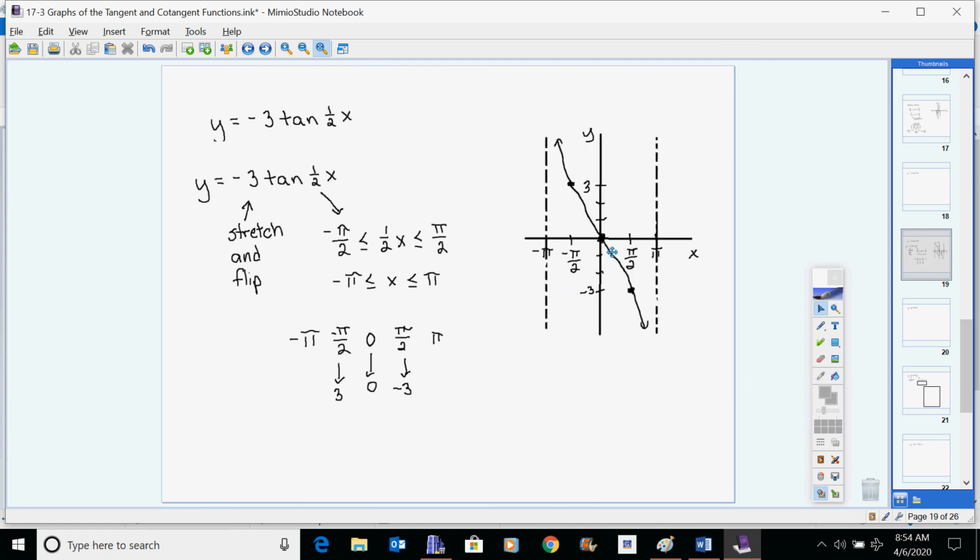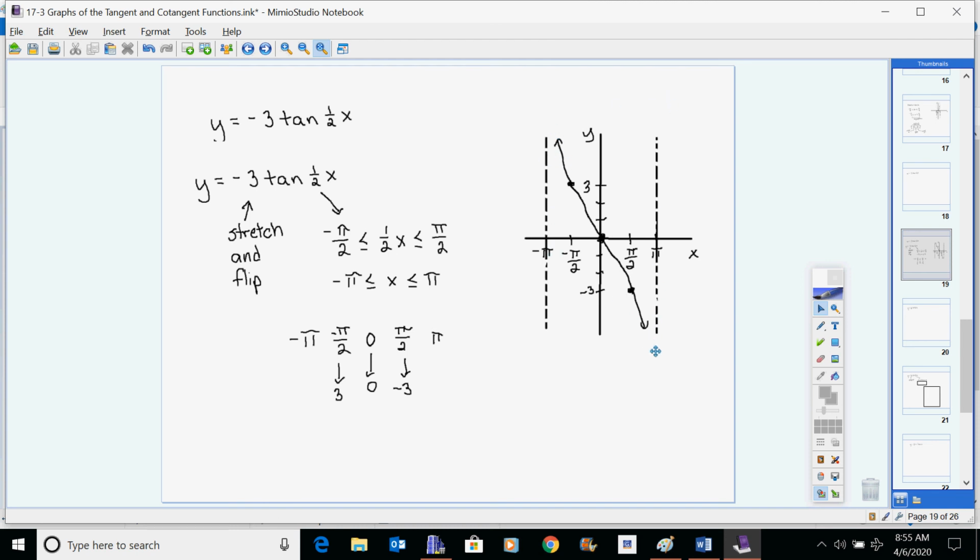Now my curve is not necessarily the best the way I drew it. It should be a little curvier. But I'm looking for your asymptotes. I'm looking for this 0 point, and I'm looking for specifically these 2 points, and then your best of drawing this to make sure that it's not crossing over these.